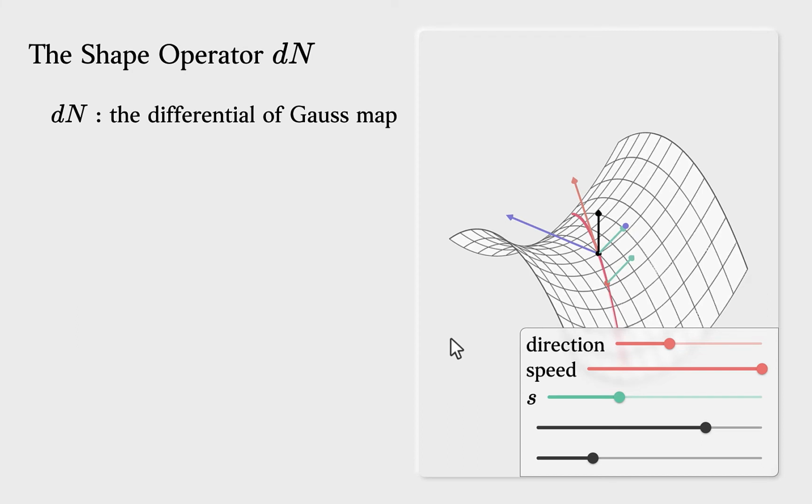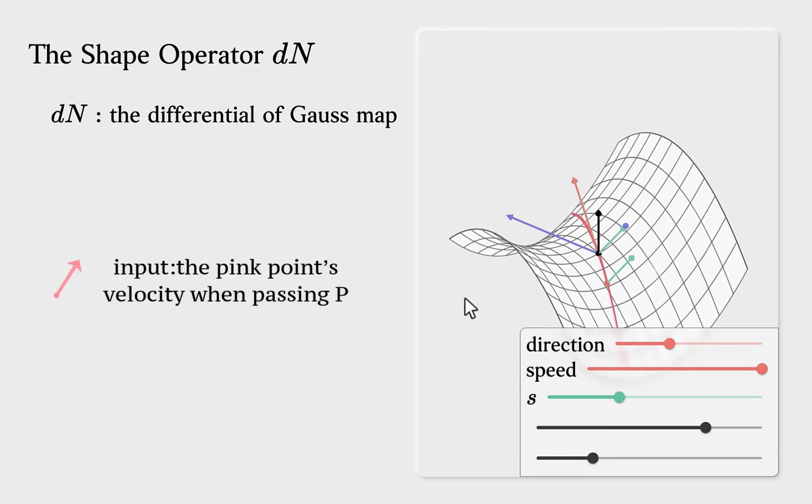Given a direction, besides using a curve on the surface to define normal curvature, we can also observe how the normal vector changes when we are moving in that direction. So this is where the shape operator dN comes in. dN is the differential of the Gauss map, and the input is a vector in the tangent plane.